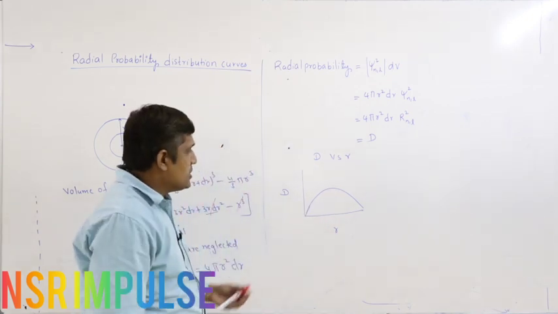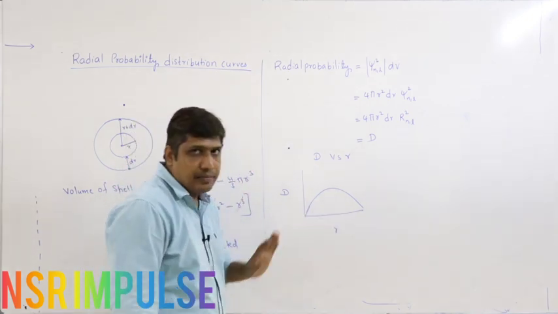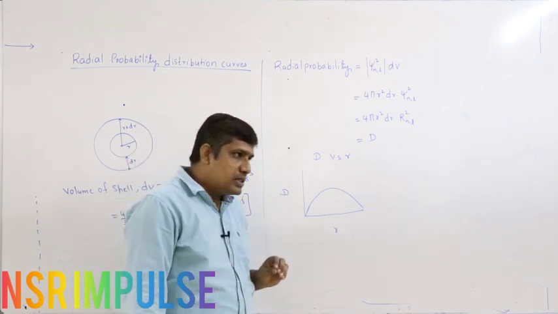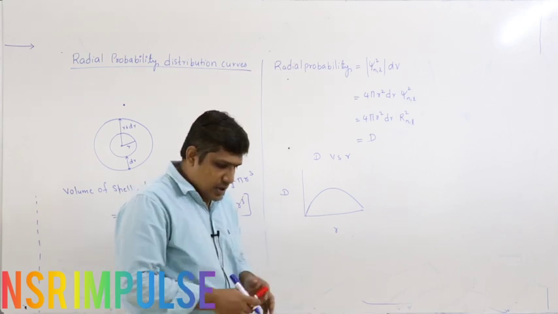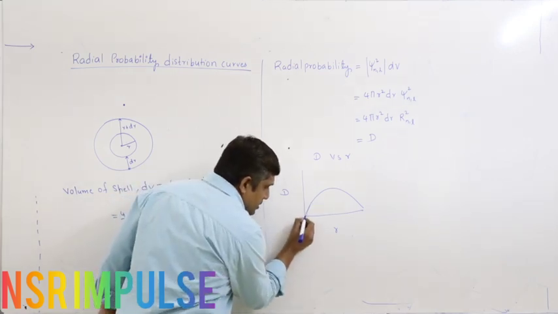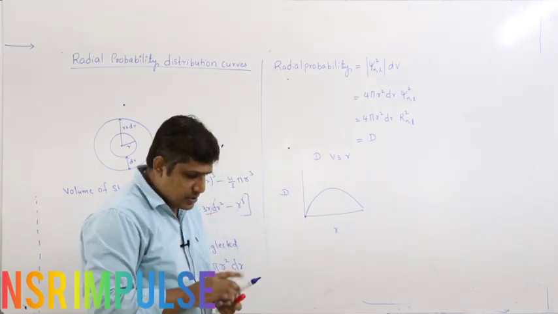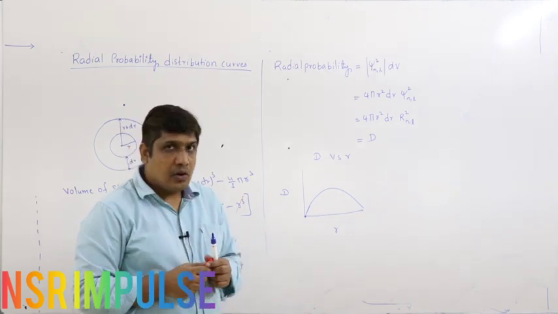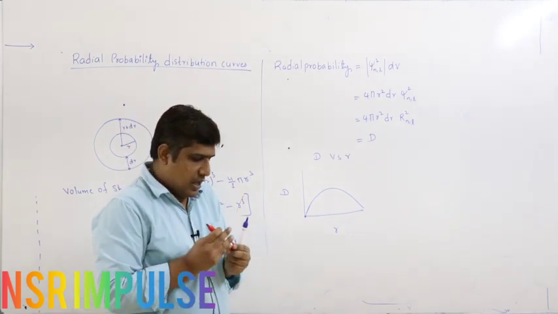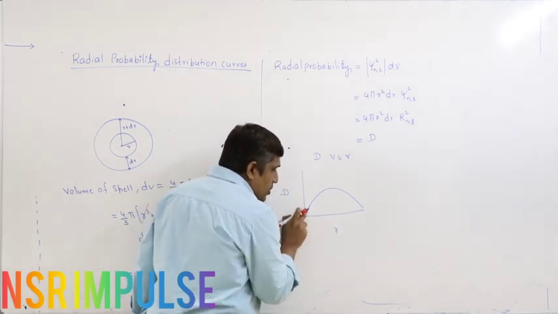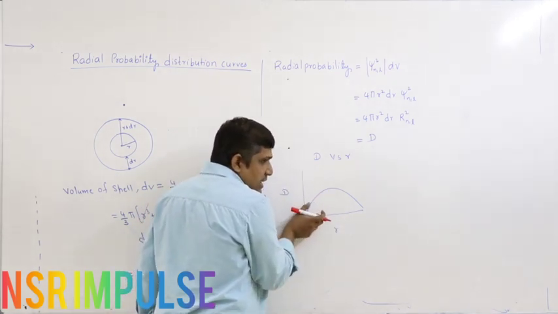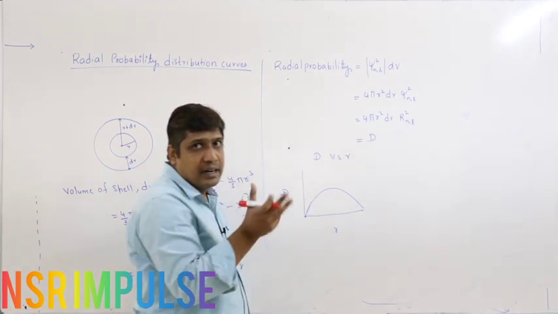So what is the meaning of this? The area under the curve represents the probability of finding electrons. If I start from the nucleus, the probability of finding the electron at the nucleus is 0. As R value increases, the probability of finding the electron increases, because the area represents the electron density.